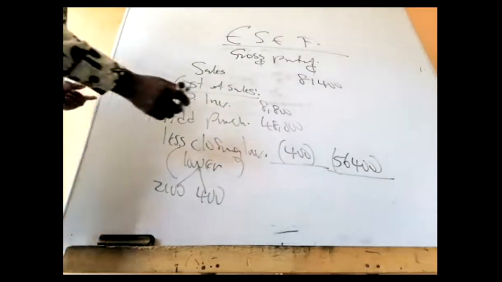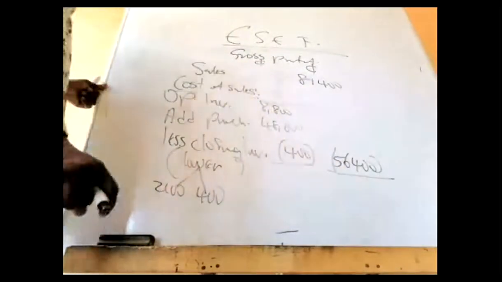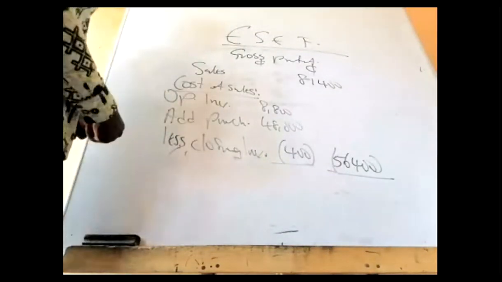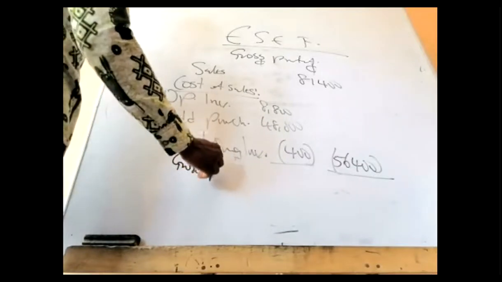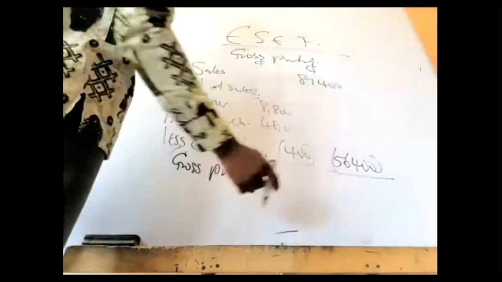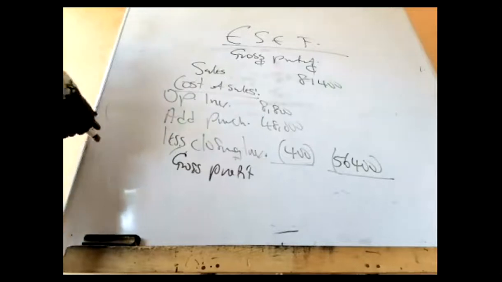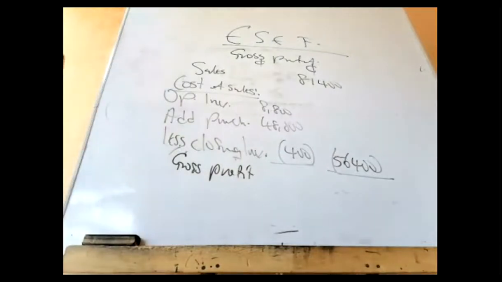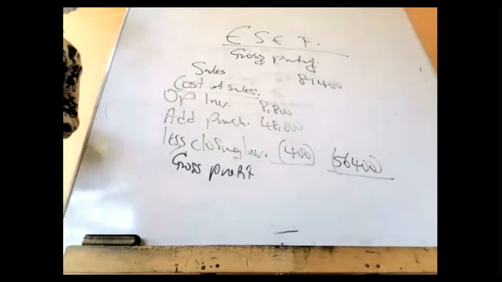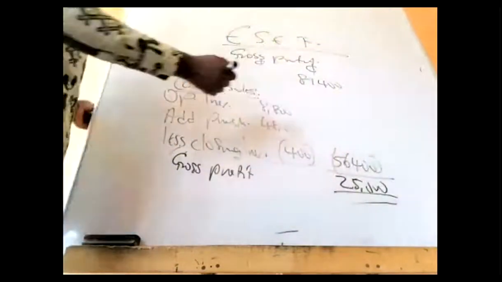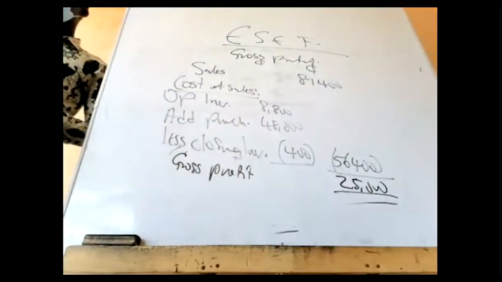At the end of the day, I compare this with the sales and then we get the gross profit. So 25,000 is the gross profit. That is the end of the game.